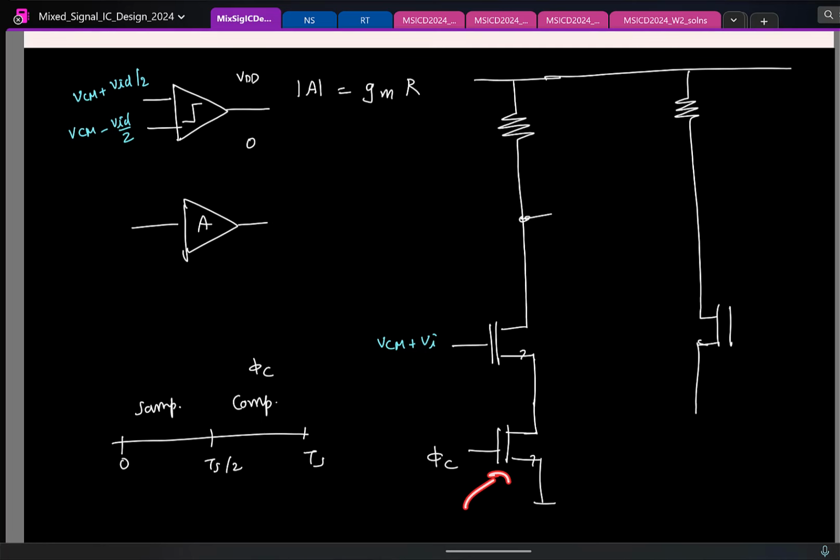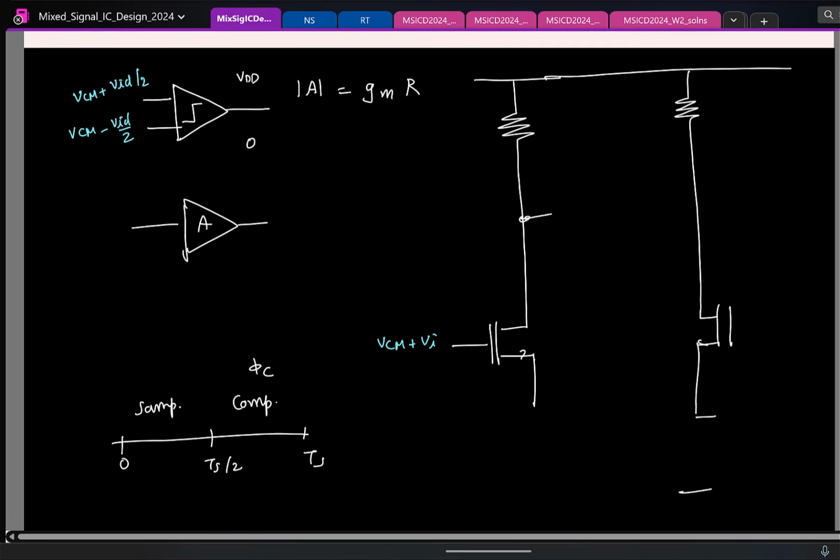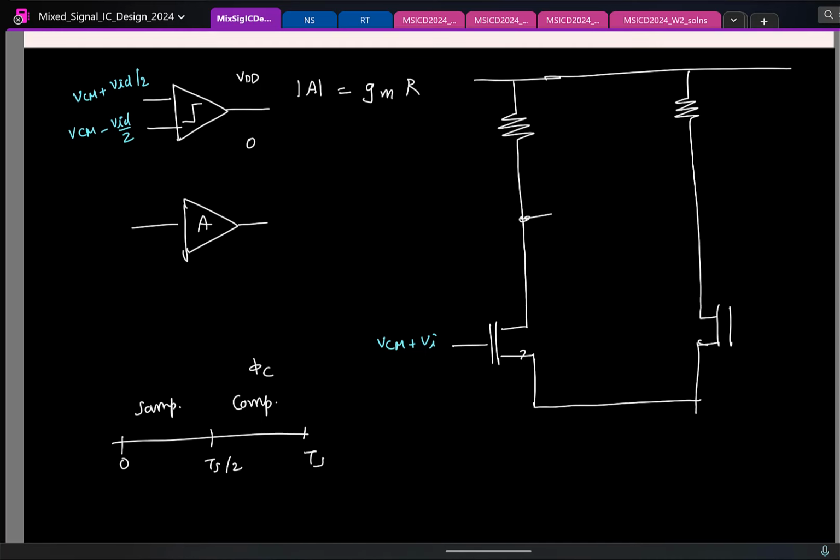So I have two switches here. I can basically share the two. So that basically gives rise to this. I mean, what I'm saying is I also will have a switch like this. So I can share the two switches into a single switch and do something like this. Let me draw it neatly.